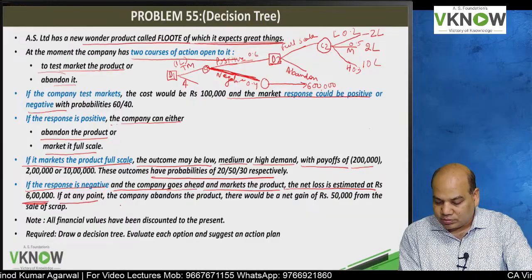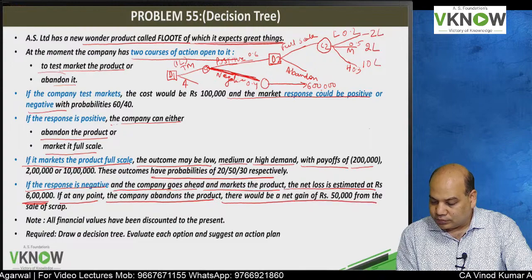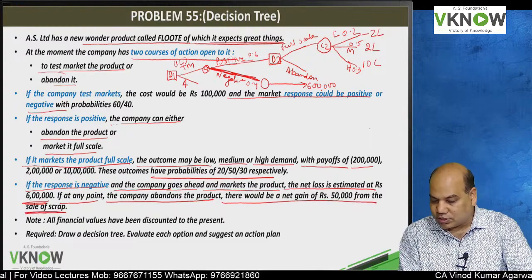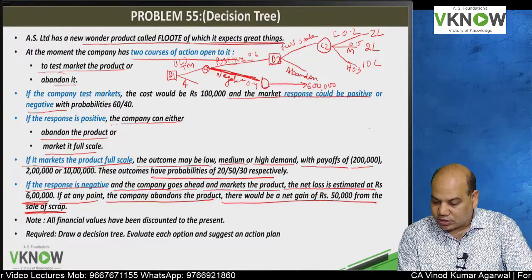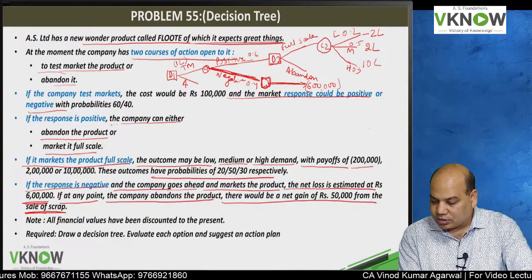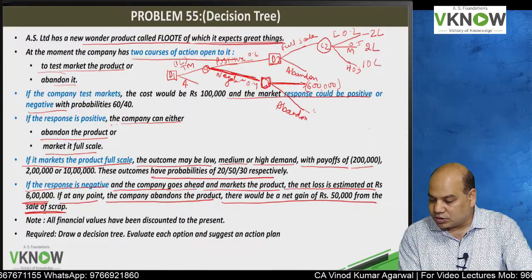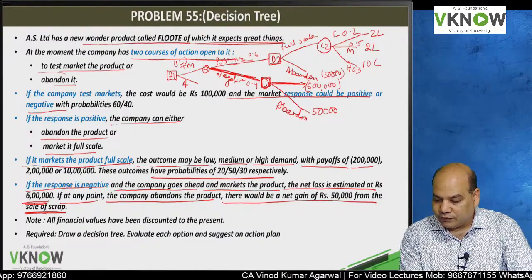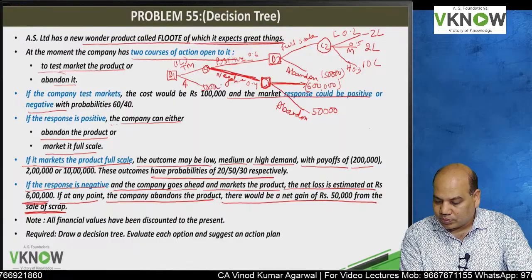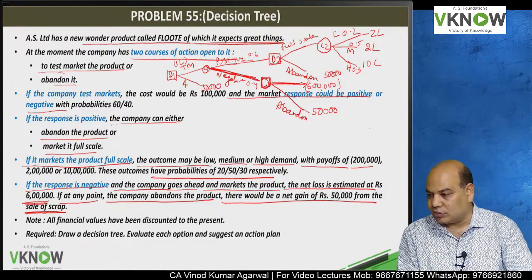If at any point the company abandons the product, there would be a net gain of 50,000 from the sale of the scrap. So you have two choices here. One is you can go for marketing, you will incur 6 lakh loss. Second option is you can abandon. At any stage if you abandon, you will get 50,000 rupees.